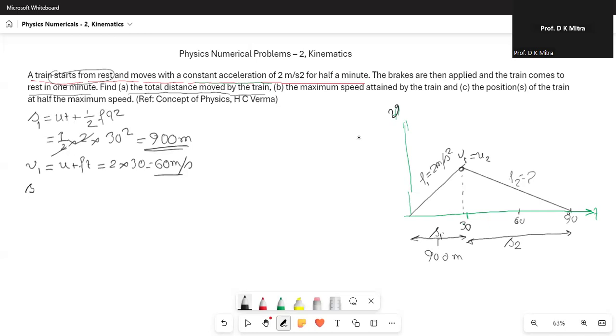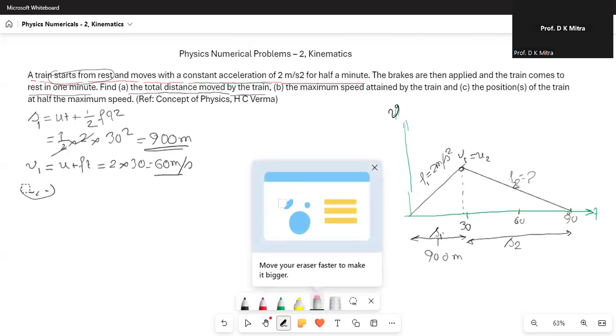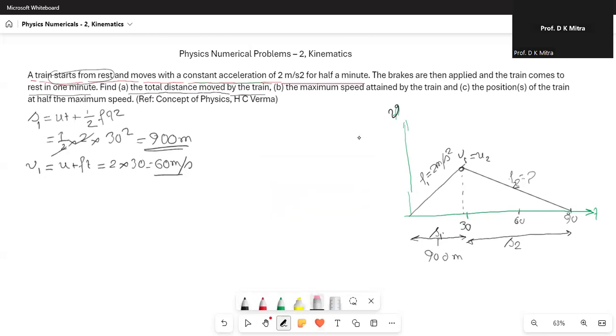So S2 is equal to, well, before starting to find out S2, we also need to find out what this acceleration is. So instead of finding S2, let us find out the F2 first. So it starts from 60 meters per second. With some acceleration, it comes to 0 in 60 seconds.